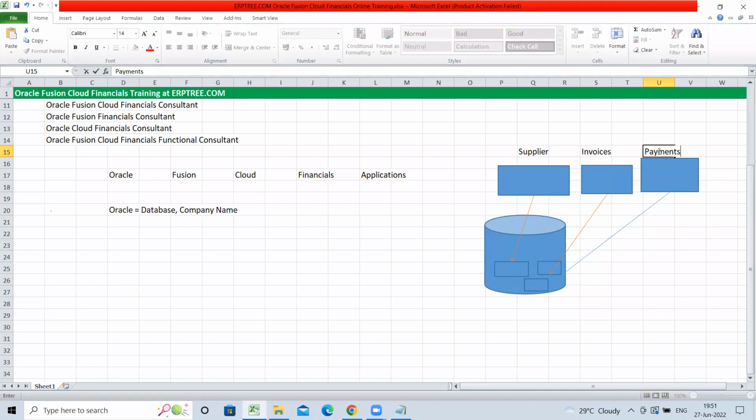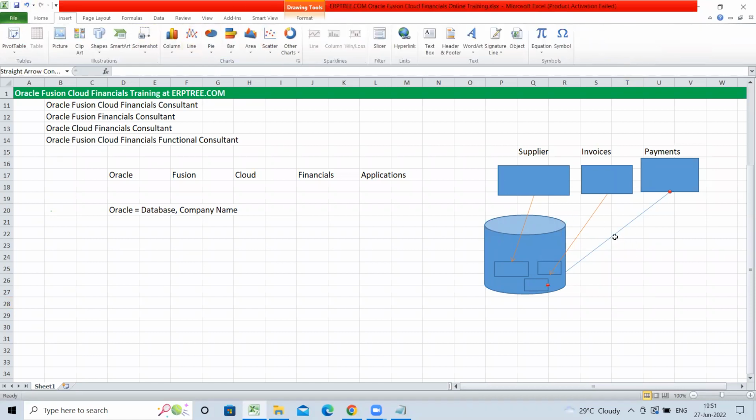You can enter the payments data, such as which supplier you are making the payment to, and once you enter the data, you can save it and it will get stored in the database. So this is how we can simplify saving the data in the database.